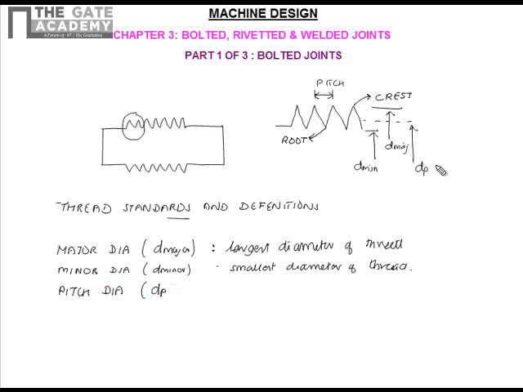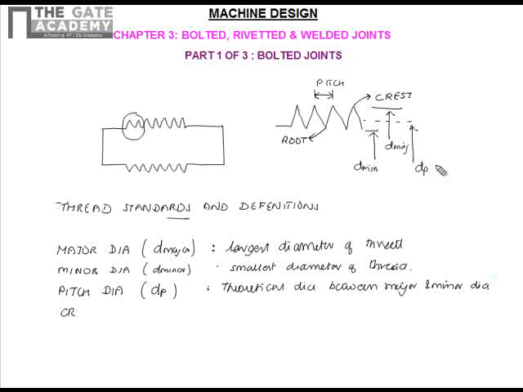It is a theoretical diameter between the major diameter and the minor diameter. This is the diameter at which the ridges of the bolt are in complete touch with the ridges of the corresponding nut. So when a bolt and nut are tightened, it is at this diameter that the surfaces will be in full contact with each other.